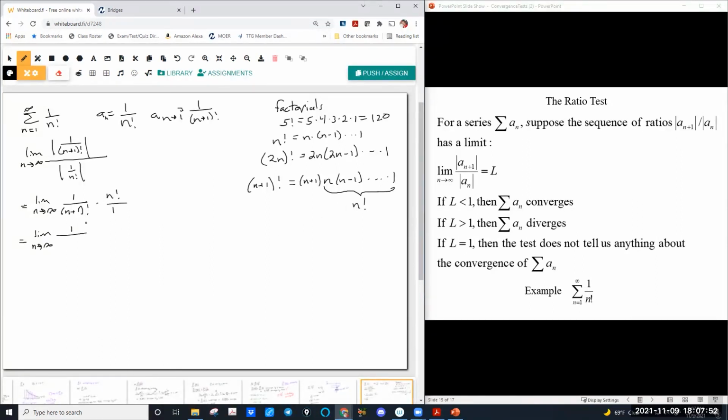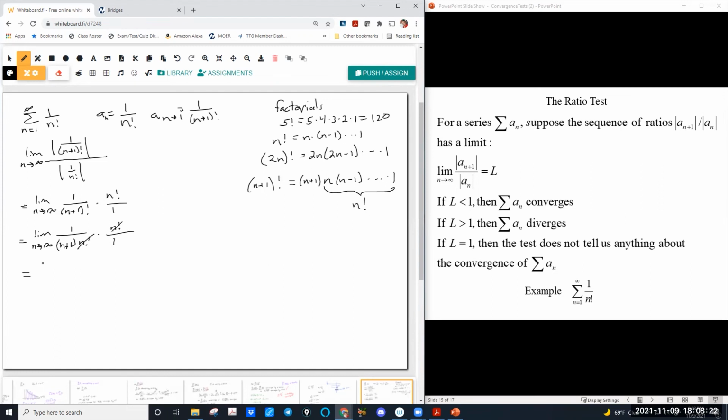And that's where you're going to see a lot of canceling when you have these factorials in the ratio test. So n plus 1, which is the first term, and then I'm just going to leave the rest as n factorial. We could write that out, but we don't need to. We only need to go far enough to get our cancel. n factorial cancels with n factorial.